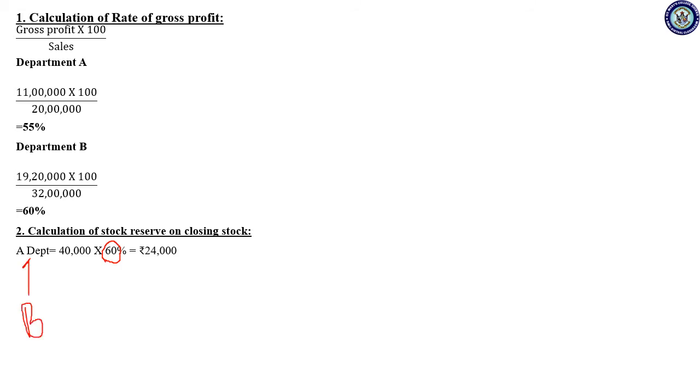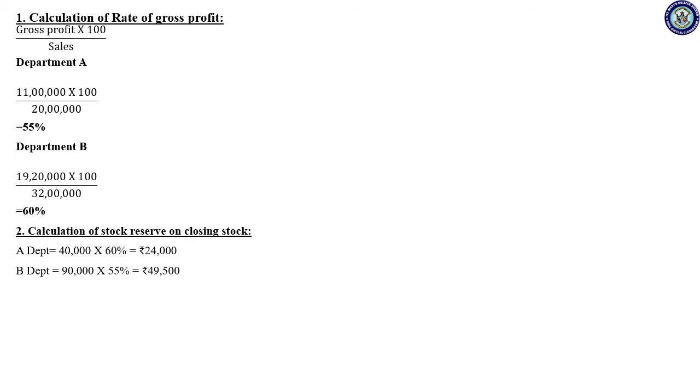B will supply the goods to A, which means B will add its profit. So 40,000 has been transferred by department B to department A, at the gross profit rate of department B. So the stock reserve is 24,000.